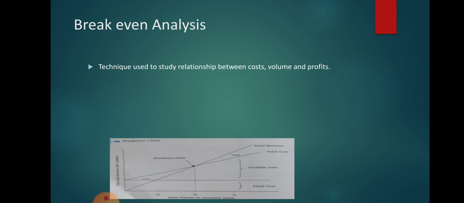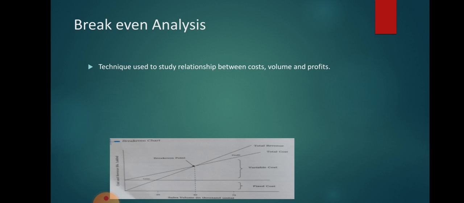Cost means total expenses incurred for production and sales, including everything. The total amount you have spent for production is the cost, the total amount of sales you have done is the value, and then the profit you have earned. To make this study we use break-even analysis.